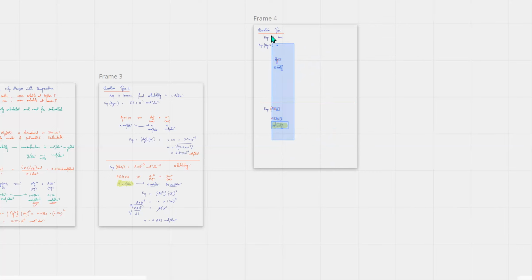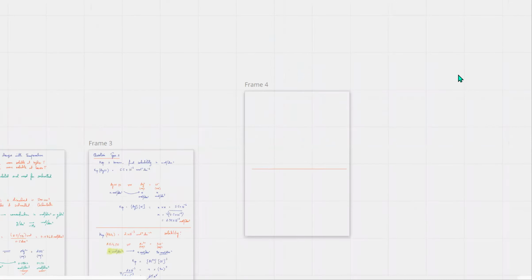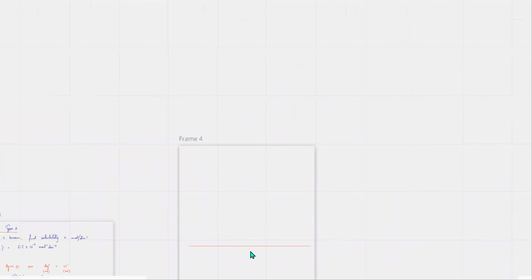So we have a common ion effect, and I'll just quickly mention the common ion effect, which probably we won't be able to complete.